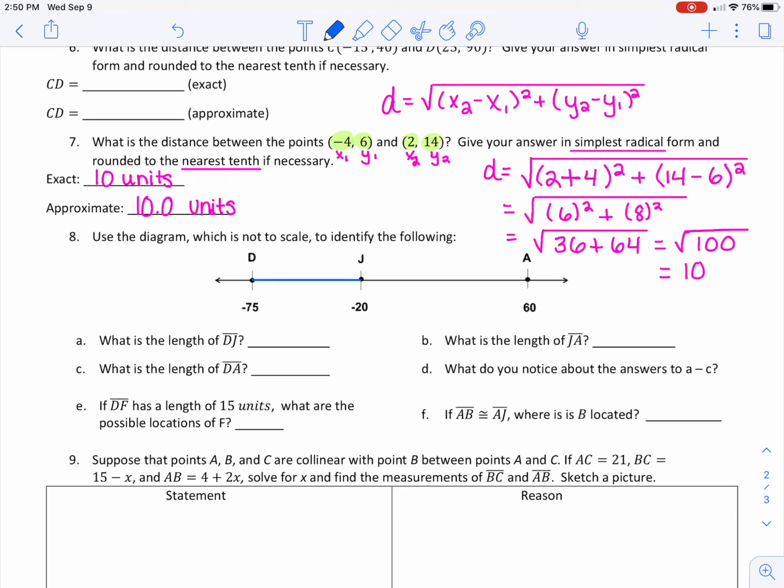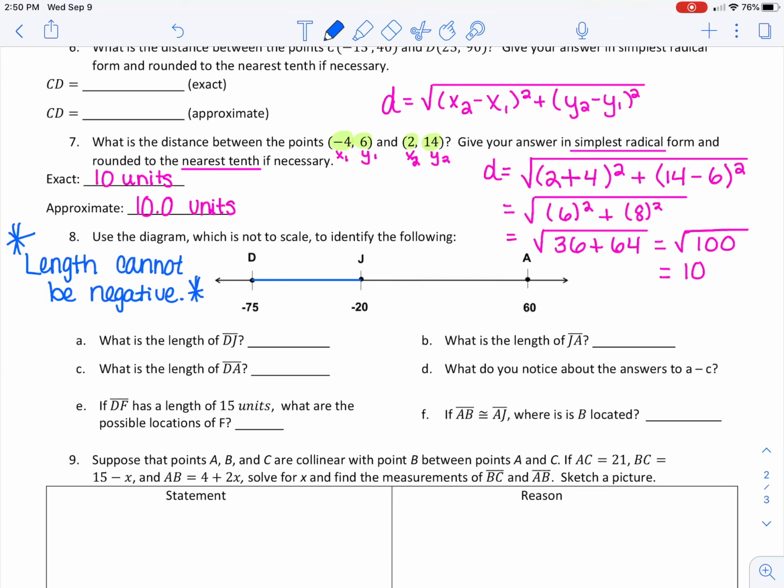So if it's negative, it's always going to be positive because, again, length cannot be negative. Important. I would write that down and make sure you remember that.